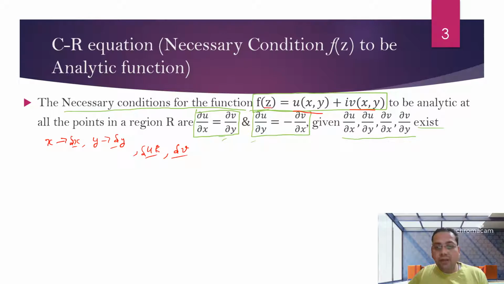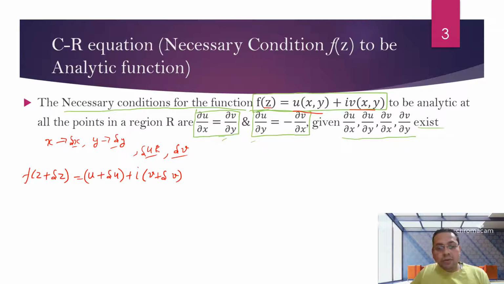Finally we have an increment in f(z), so we can say that f(z) plus delta z is equal to u plus delta u plus iota times v plus delta v, the increments being because of x and y.